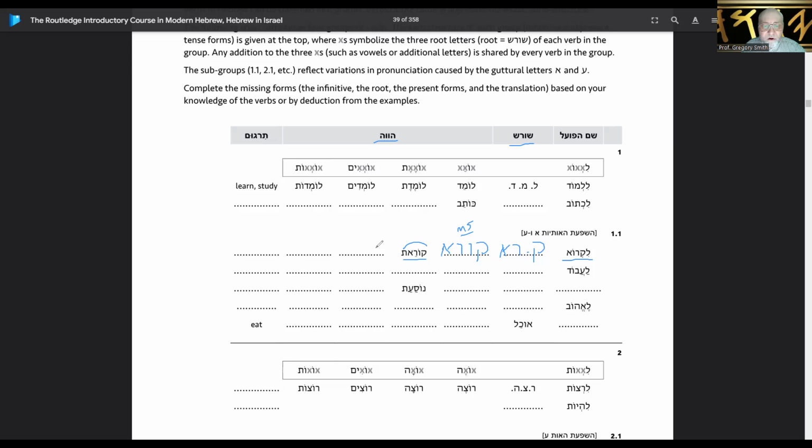korim, which would be the kof, and you would have the holem, the resh, the aleph, and then the yod and the mem sofit. So that should be korim, and that would be like plural. Let's see here.